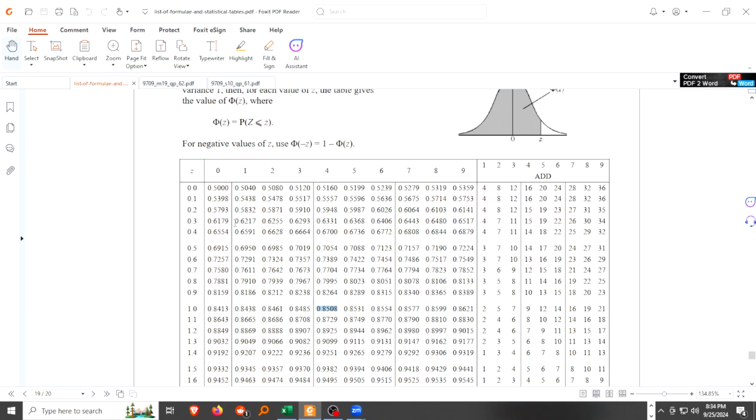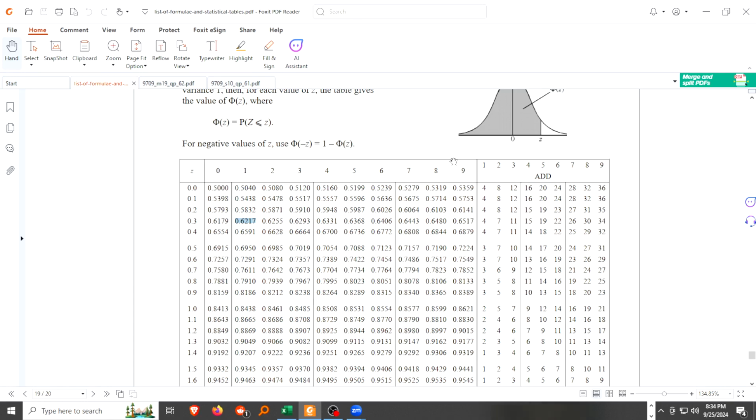We find here 0.6217, but we want 0.6228. So that's 11, we need 11 more. We find that 11 under 3. And so we have 0.313 as the corresponding Z value.